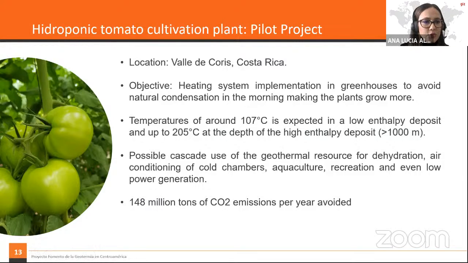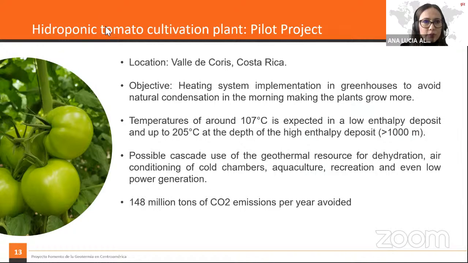This comes to be an issue with climate change, and we identified that this was a great opportunity for them to increase or stabilize their productivity and deal with these changes of temperature between the day and the night.